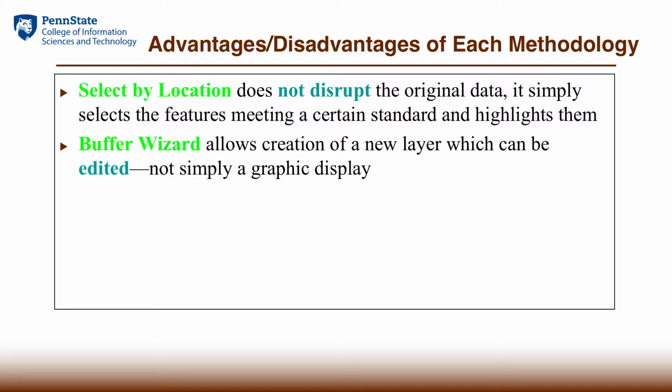But select by location is more temporary. You don't have storage of the results unless you export the selected subset into another layer, but that's not guaranteed. You have to do that yourself. So the two methods have very different uses, and we need to be clear on when to choose which.